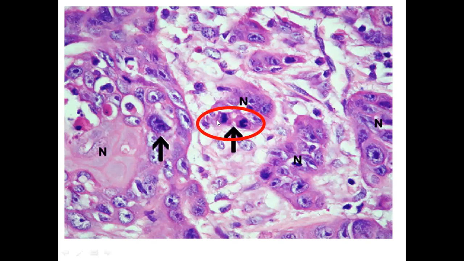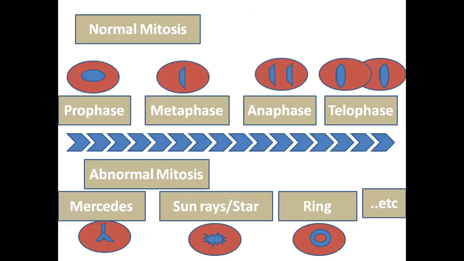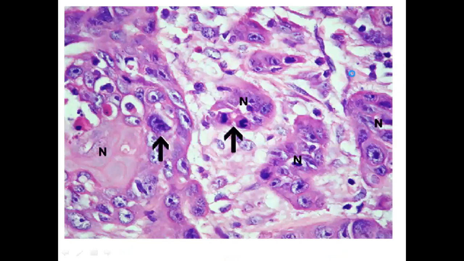These are two cells that are preparing to separate, right? It is a mitosis. It is the last stage of mitosis, right? Which is what? Let's see here. The telophase, right? Okay? So here is a normal mitosis, mitotic figure.